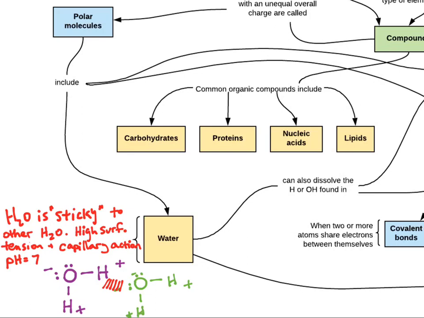Hydrogen bonds and this capillary action process occur in a process called transpiration in leaves. Maybe you've wondered, how does water get to the top of a tree? Well, it happens because water is able to create hydrogen bonds with itself. So what will happen is the root brings the water in. Meanwhile, at the very top of the tree, a leaf has these little holes in it called stomata.